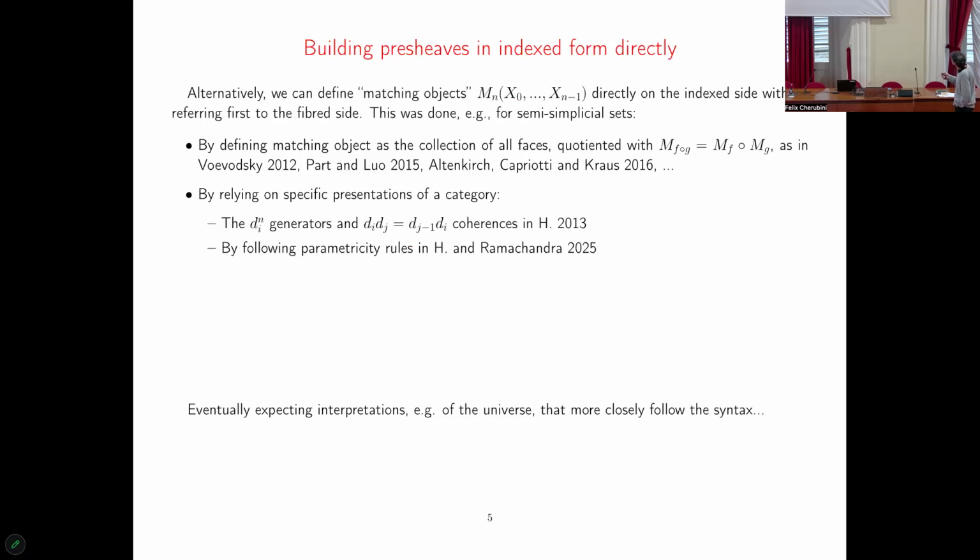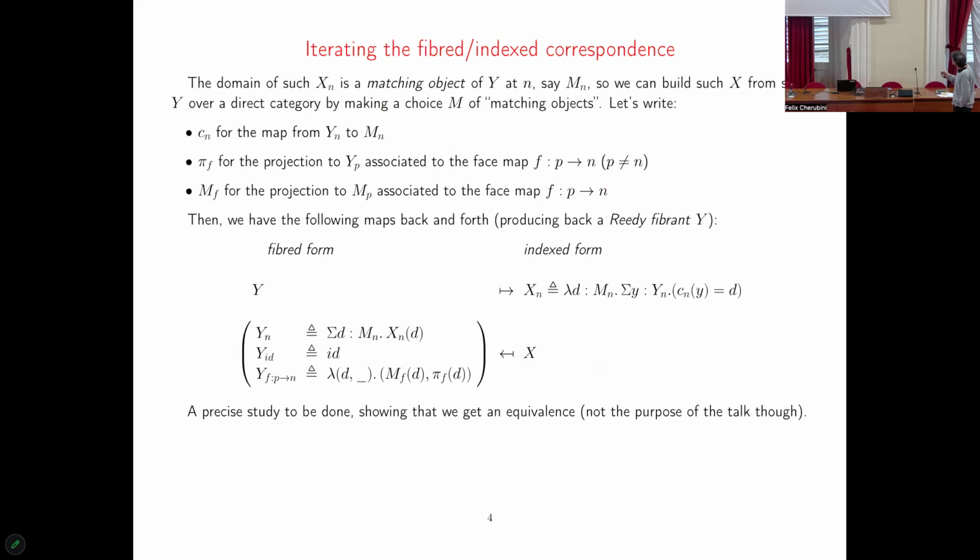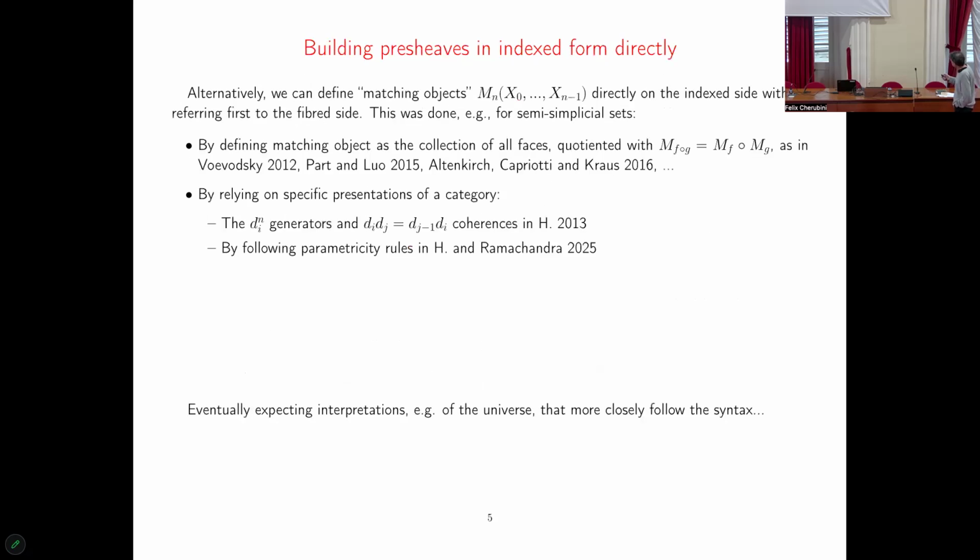Here in this example, I show how to go from one side to the other using this kind of machine object associated to a presheaf Y, but we can define them directly without mentioning the notion of fibered presheaf at all, and we can define index presheaves directly. At least we have instances of it.